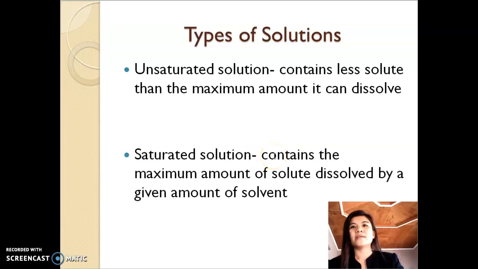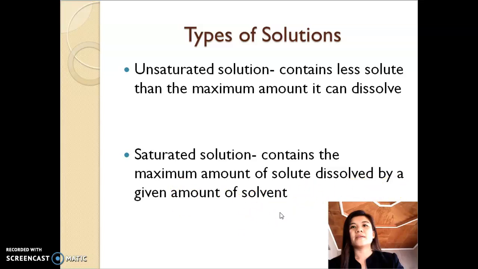So we have here the types of solutions. Unsaturated solution, it contains less solute than the maximum amount it can dissolve. Don't you worry, in our class we have an activity for this. One can say that it's unsaturated solution, and for the saturated solution also.